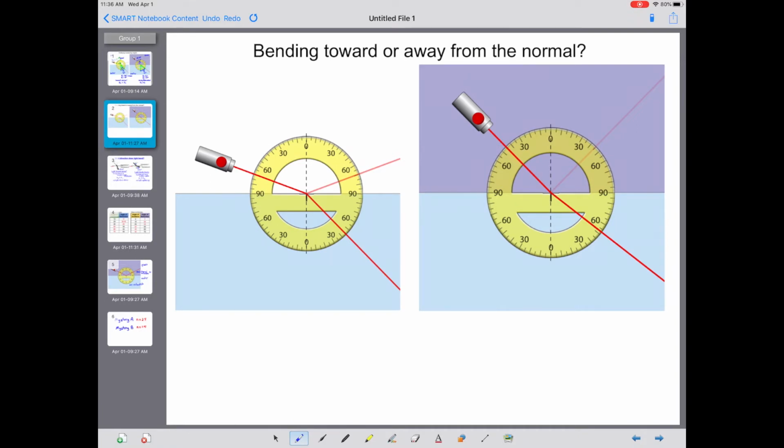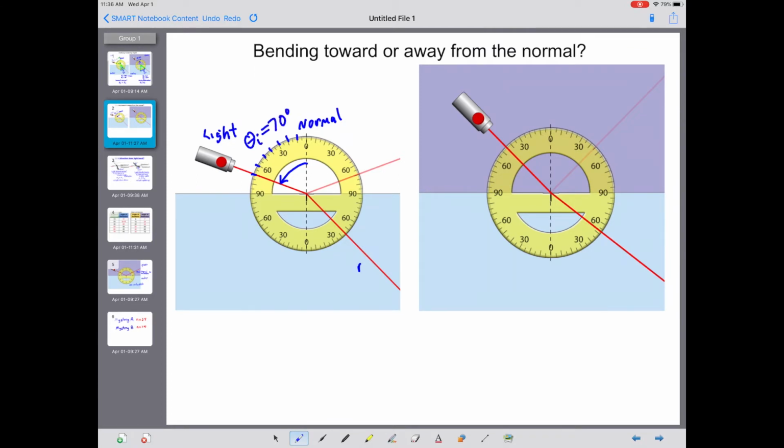So if we identify the angles, your angle of incidence on the diagram on the left would be right here, from the normal to the surface over to your original light. So if we measure that angle, let's see, we're at 10, 20, 30, 40, 50, 60. Looks like we're right about even on 70 degrees.